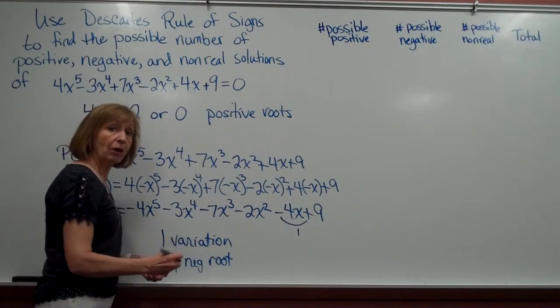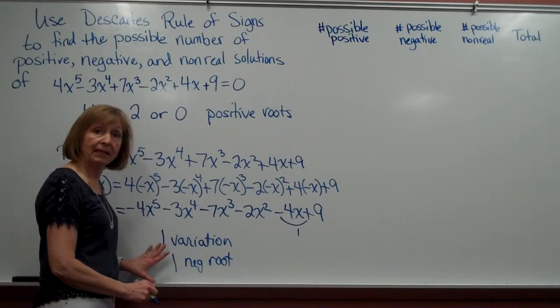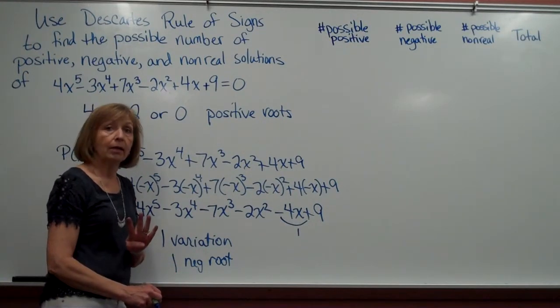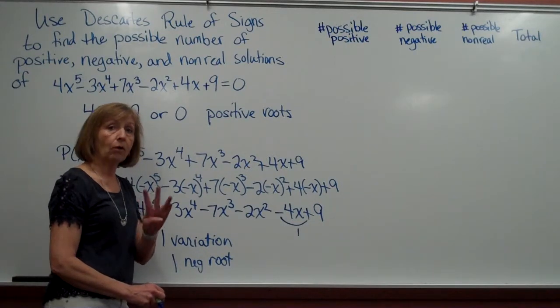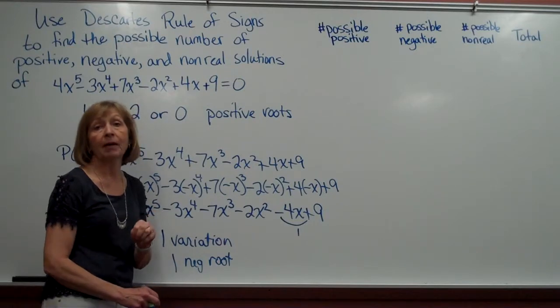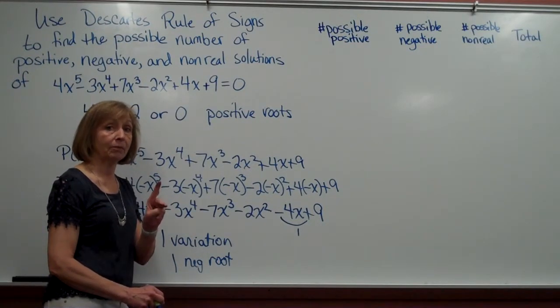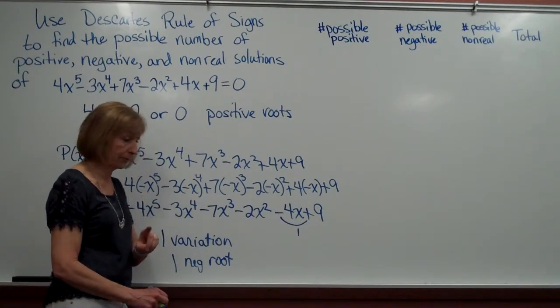So there's 1 negative number that's a root of that polynomial equation. Now, had this come out to be something like 4, then I would have had 4 or 2 or 0 negative roots. Or if it would have come out to be 3, I'd have 3 or less than that by an even number, 1 negative root.